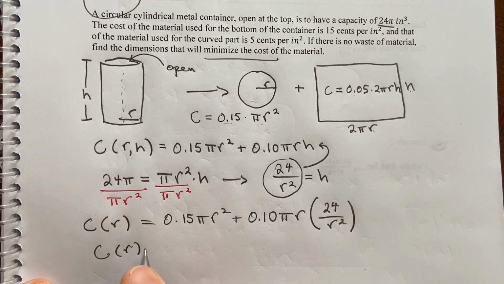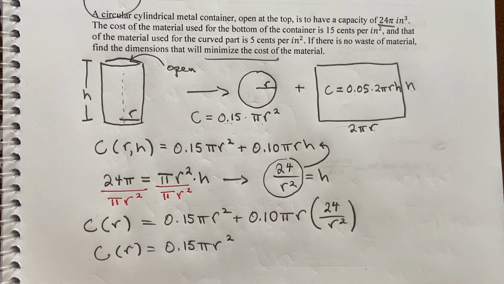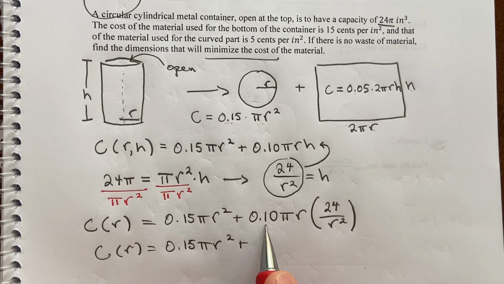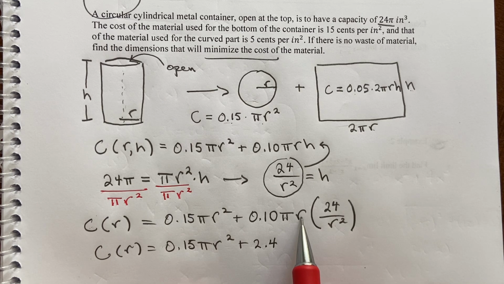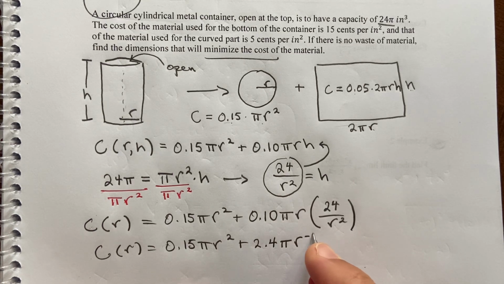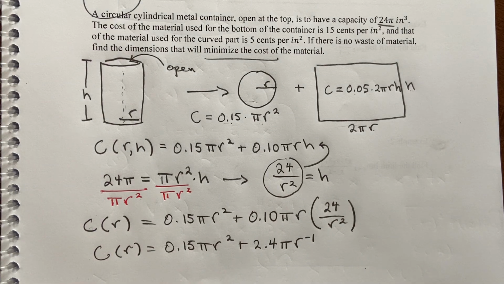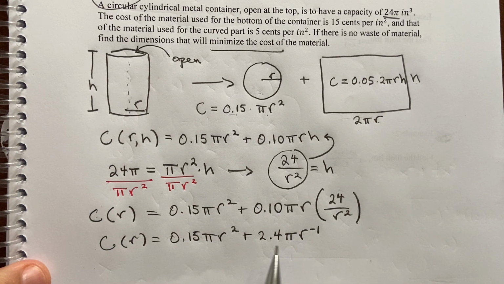So to simplify this a bit, I get 0.15 pi r squared plus 2.4 pi times r to the negative 1, since r divided by r squared is 1 over r. So this is our cost function just with respect to the radius of the can.